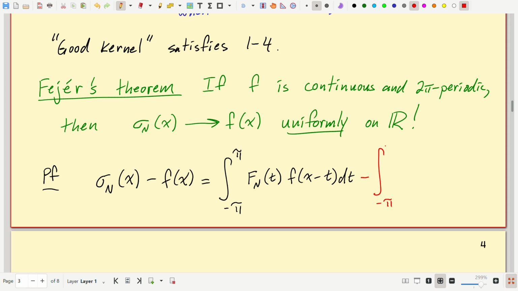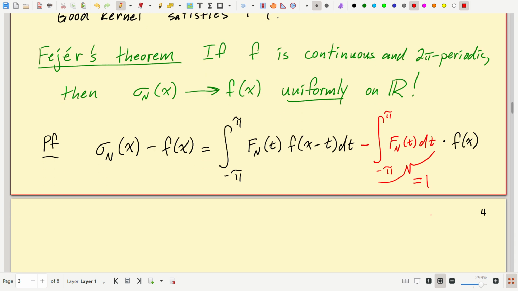So this, I realize, is 1. So that thing is 1, and if I multiply it by f of x, that looks very much like that expression. And so I've used the key fact about a good kernel that this is equal to 1.